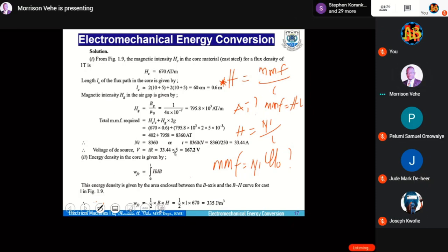So the last item you can see on your screen is 335 joules per meter cube, right? Yes, sir. Oh, okay, I see.